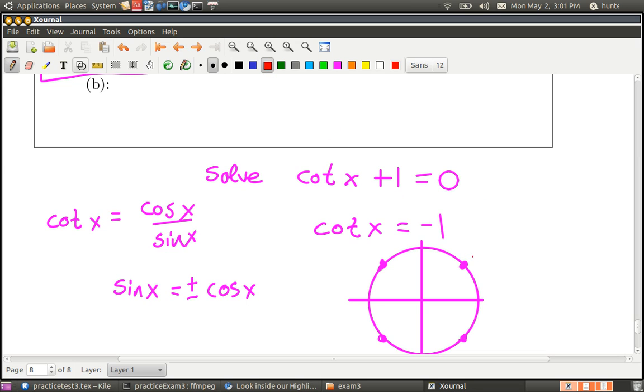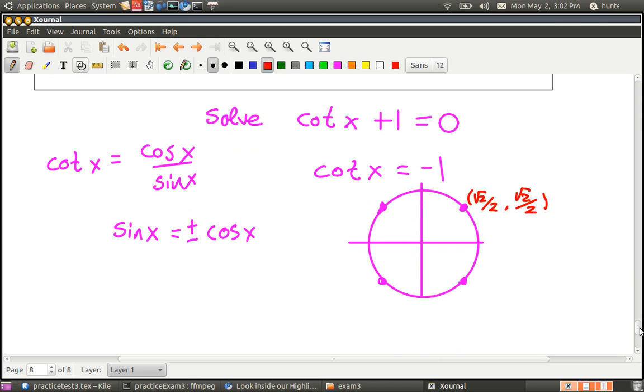And so look what happens here. Here at this point, pi over 4, cotangent is just going to be 1, because this is the point square root of 2 over 2, comma square root of 2 over 2. It's going to be these two where the signs disagree.